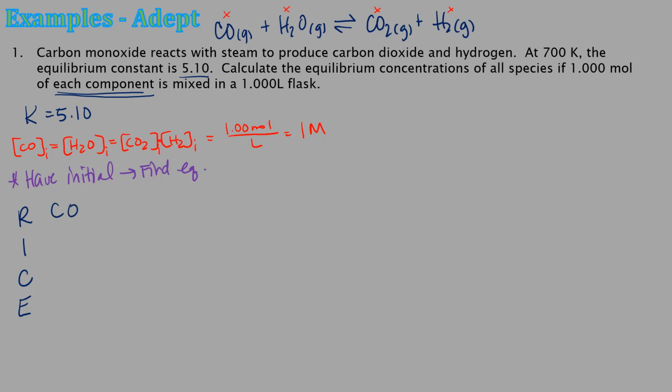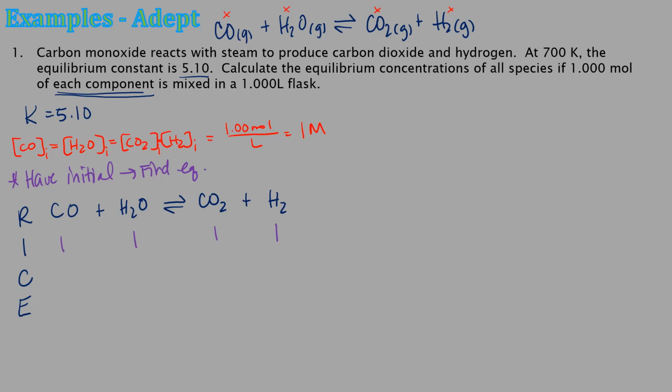So my reaction, carbon monoxide plus H2O, CO2, and H2. And my initial concentrations are all going to be 1 molar. All right, so that's all that I know, and I have to find my equilibrium values.